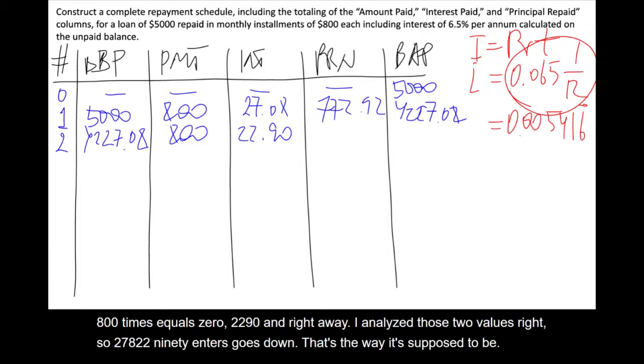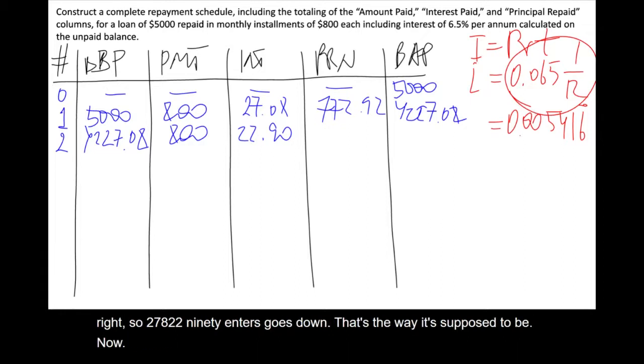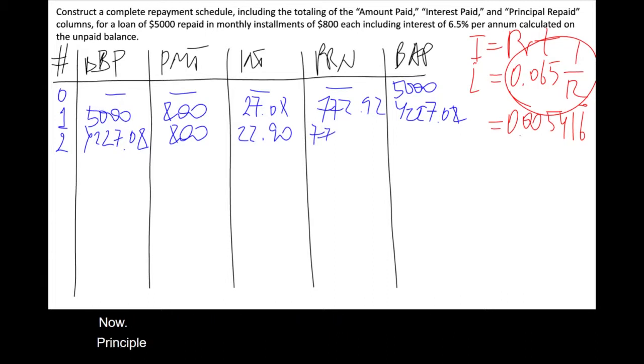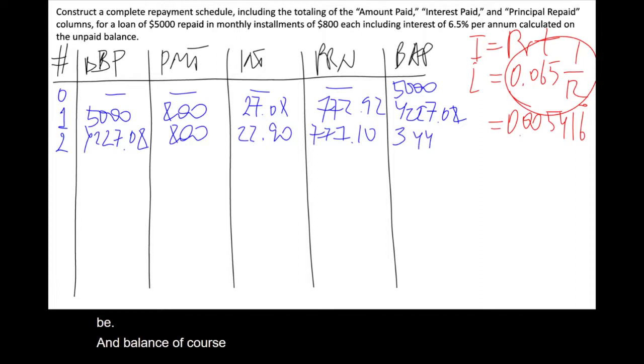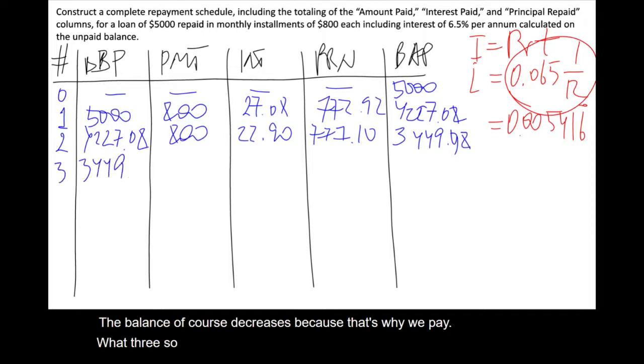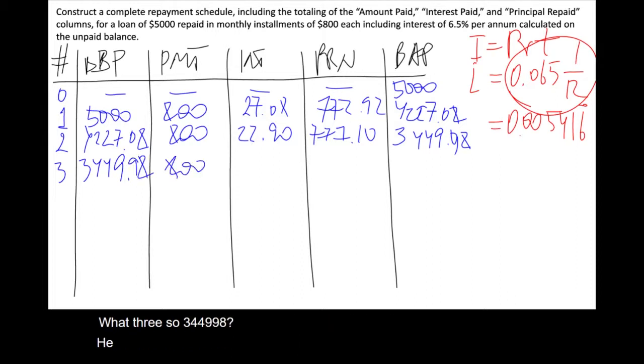Now, principal is 777.10. Again, principal goes up. That's the way it's supposed to be. And balance, of course, decreases because that's why we pay. Okay, line 3. So 3449.98, 800.